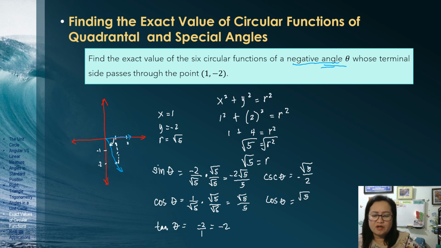For tangent, the reciprocal function would be cotangent theta. Get the reciprocal of negative 2 over 1. That would be negative 1/2. So these are now the exact values of the 6 circular functions of a negative angle whose terminal side passes through the point 1, negative 2.